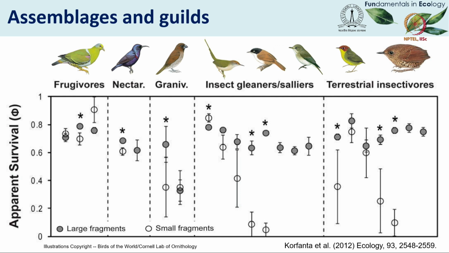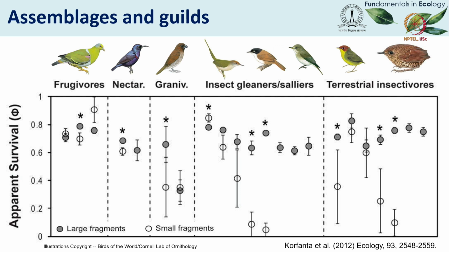It need not be diet. You could ask, for example, what is the guild of species that nests in tree cavities? That need not be taxonomically restricted. You could say you have a set of monitor lizards, squirrels, parakeets, all of which need tree cavities to reproduce.